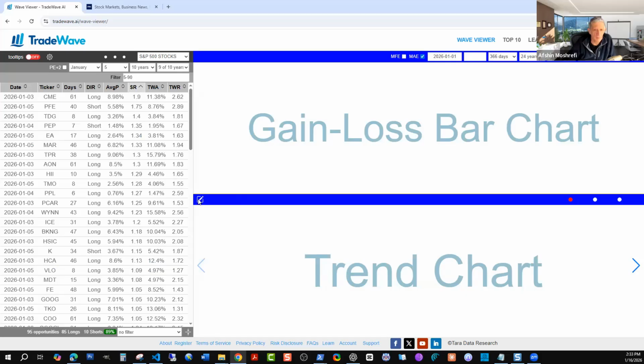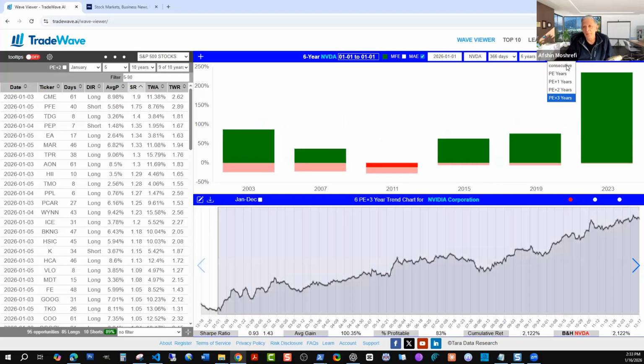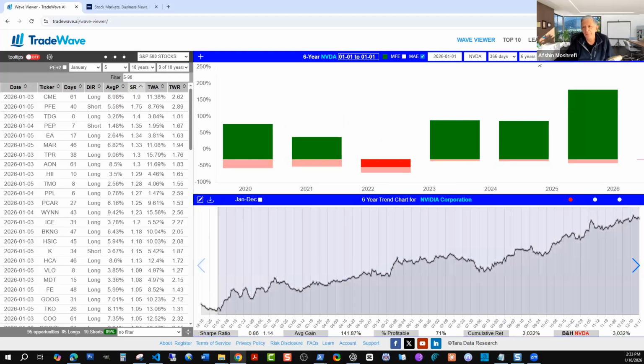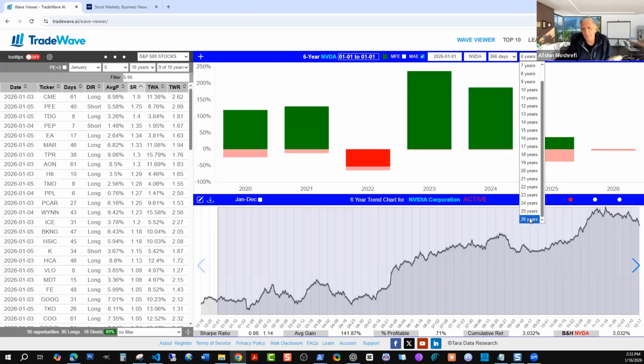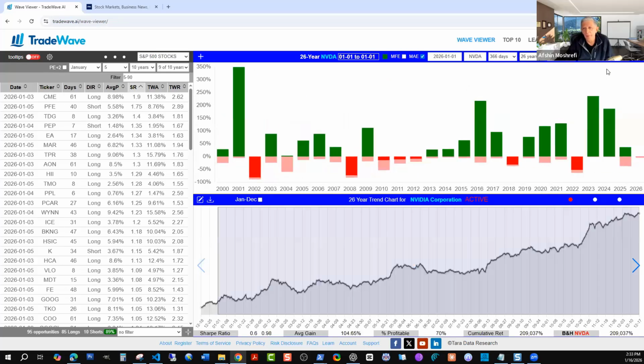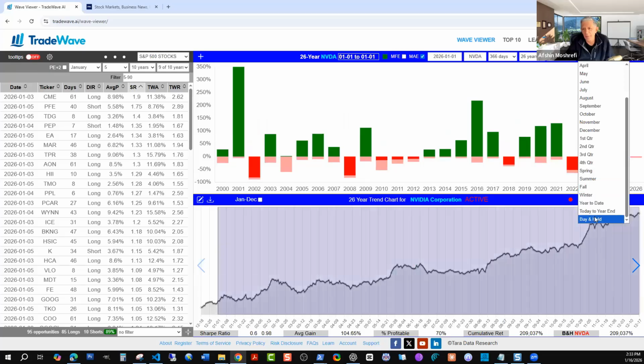Now, I want to show you something really cool. You must know the most valuable stock in the world: Nvidia. Here's Nvidia buy and hold.